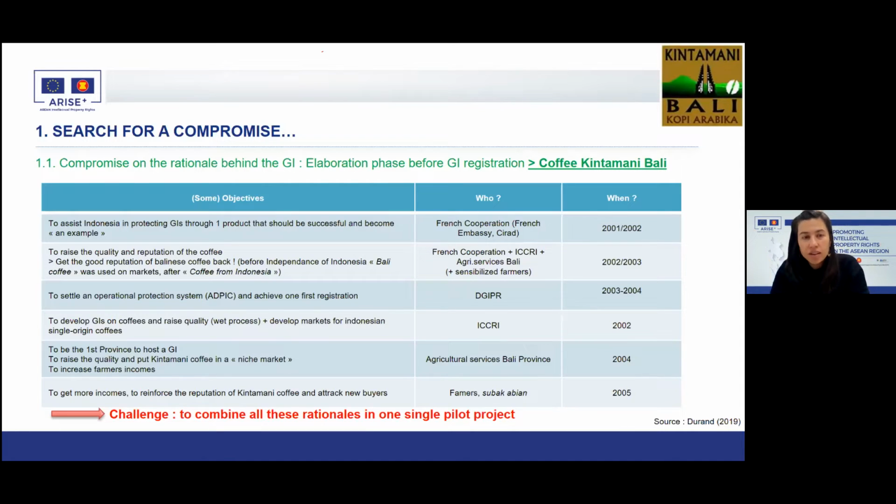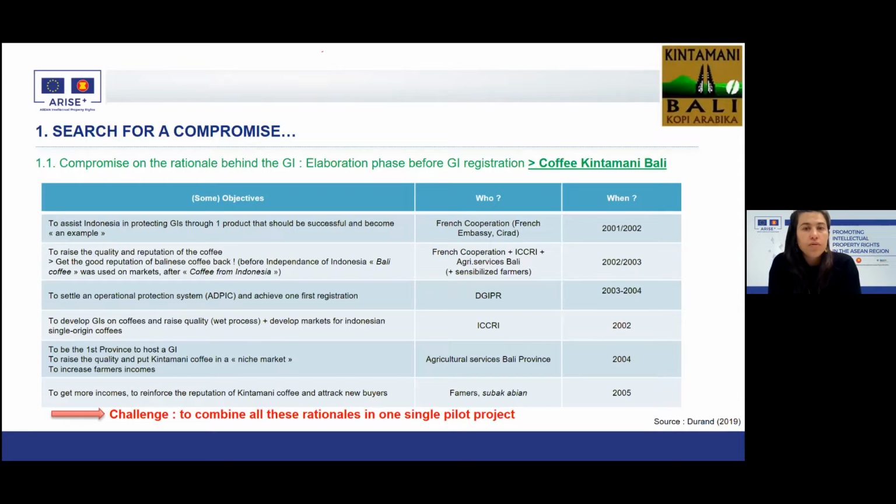So you can see in detail that the objectives and the rationales were very different, and it has been a challenge to combine all of them in one single project.